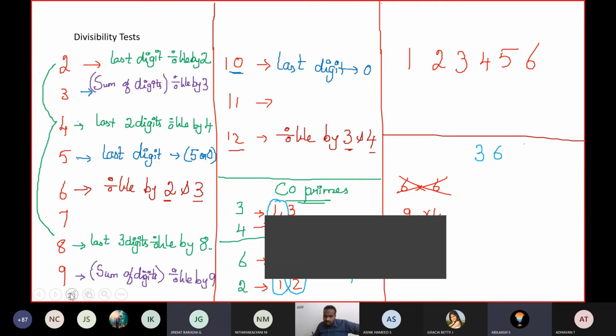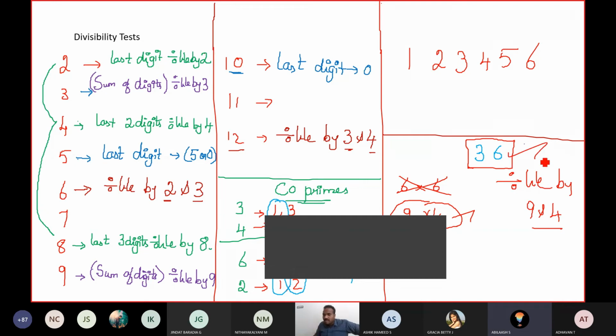Nine and 4. Very good, super. So, in that case, you can say for sure that if a number is divisible by 9 and 4, then the number is divisible by 36. As simple as that. Clear, people?